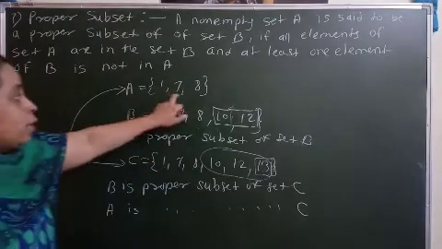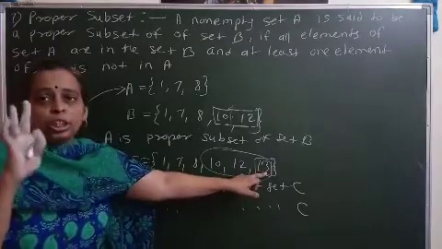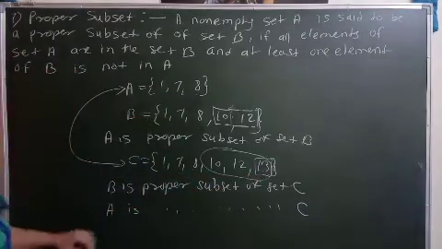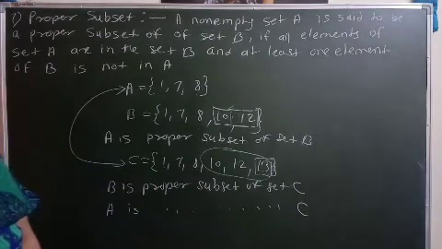A मधले प्रत्येक एलिमेंट हा C मध्ये आहे आणि C मध्ये 3 एलिमेंट एक्स्ट्रा आहेत की जे A मध्ये नाही. So you can write A is a proper subset of set C.